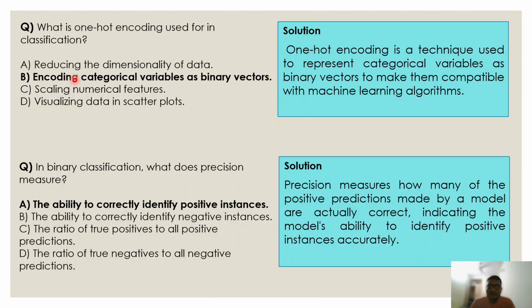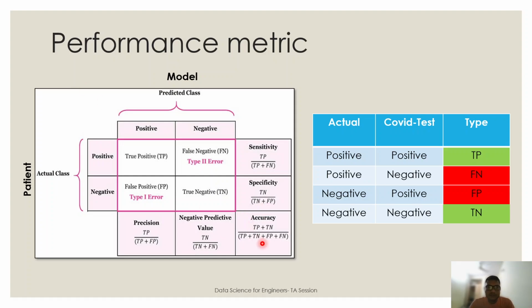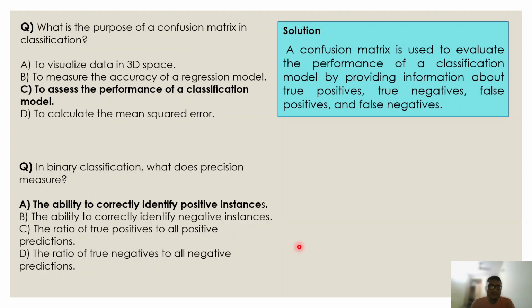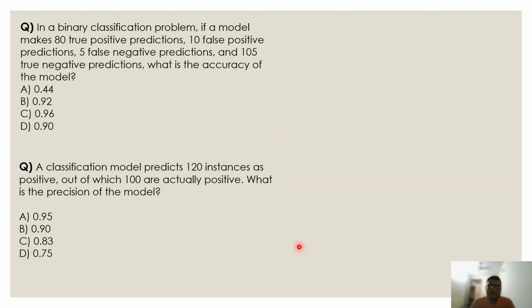I will give you the formula for those who are not able to see it. These are the four things I already gave you. Take a snapshot and then calculate your answer.